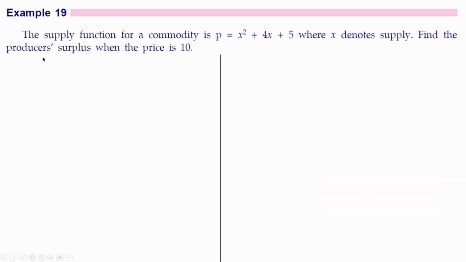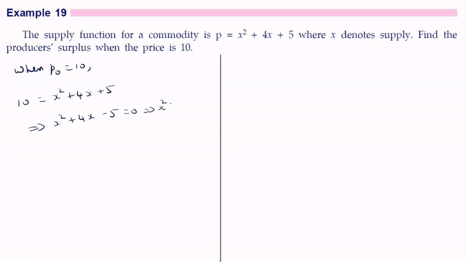Now let us see the example. The supply function for a commodity is P equal to x square plus 4x plus 5, where x denotes supply. Find the producer surplus when the price is 10. So here they have given P naught as 10. When P naught equals 10, we have 10 equal to x square plus 4x plus 5, or x square plus 4x minus 5 equal to 0.